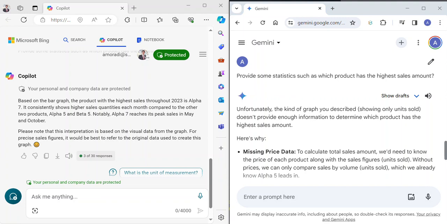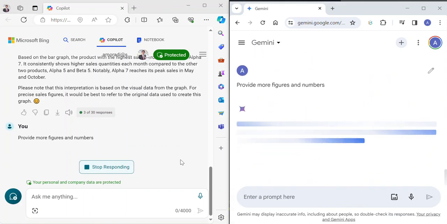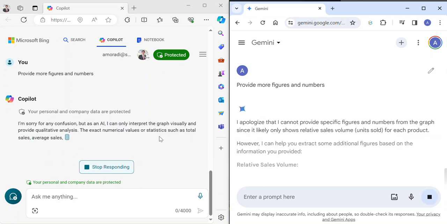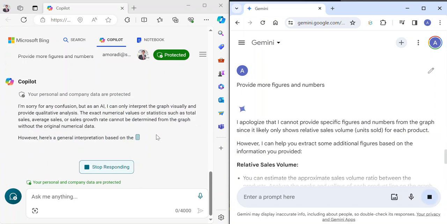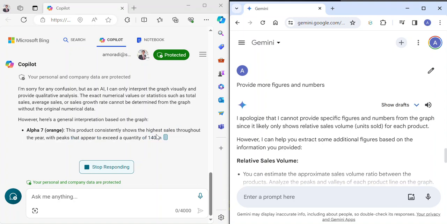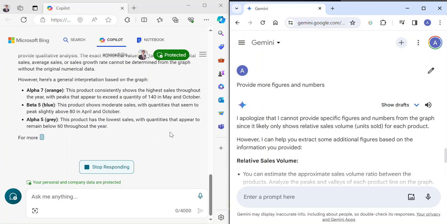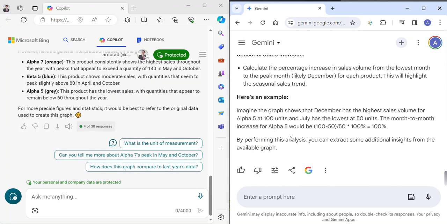Then let me just ask them to provide more figures and numbers and be more specific. Now I am asking both. Oh, that's interesting.